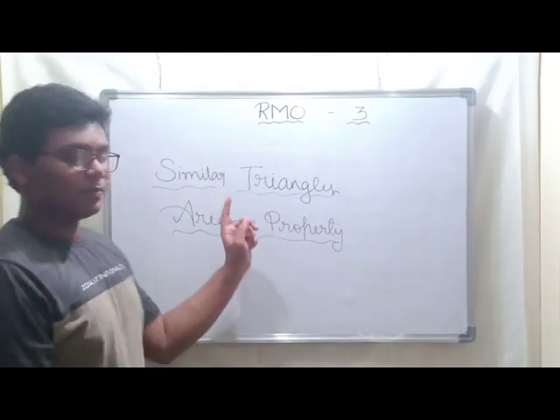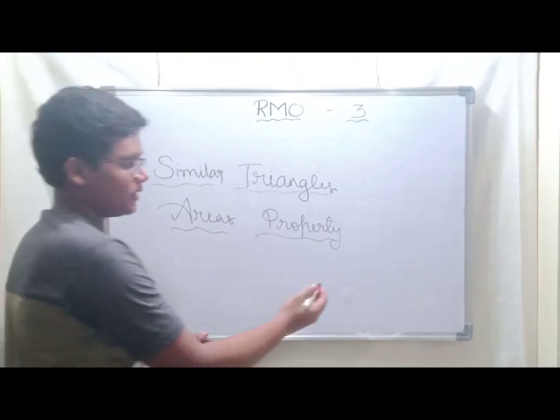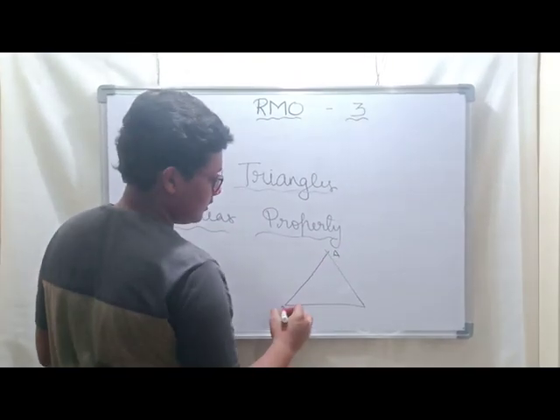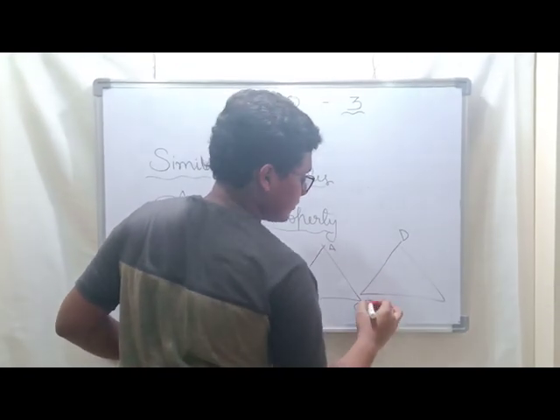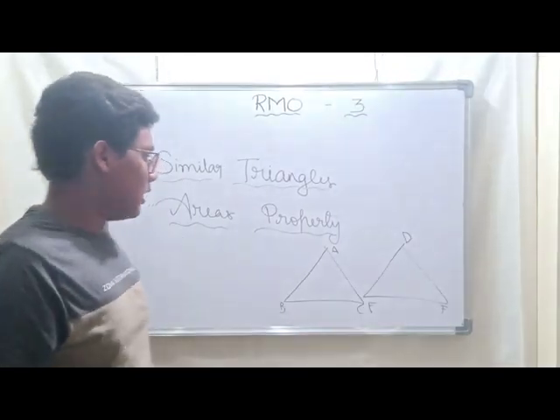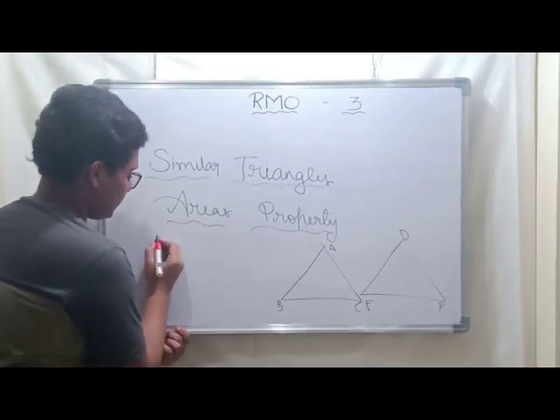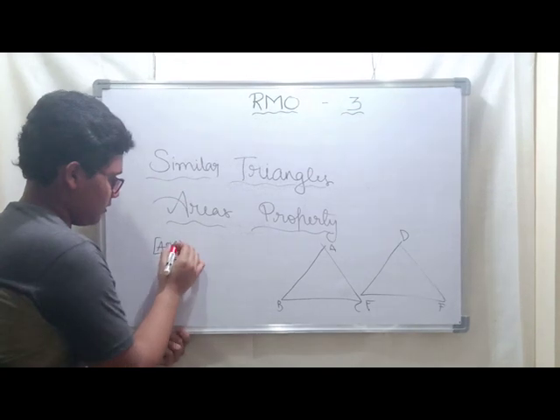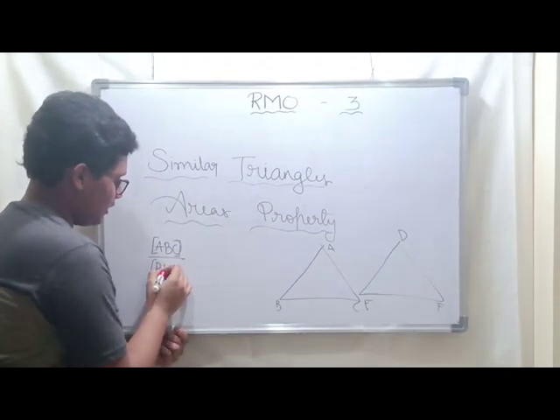Now, one property based on similar triangles: the areas property. We took two triangles ABC and DEF.